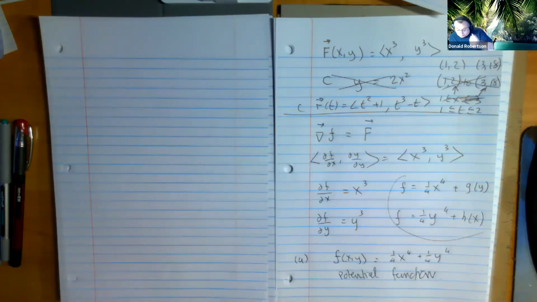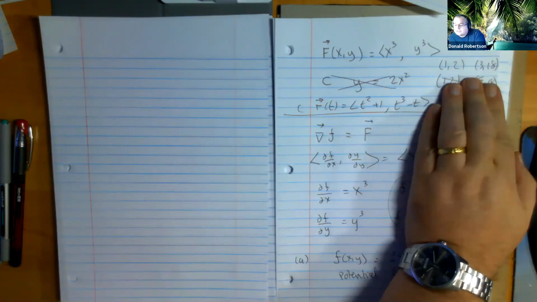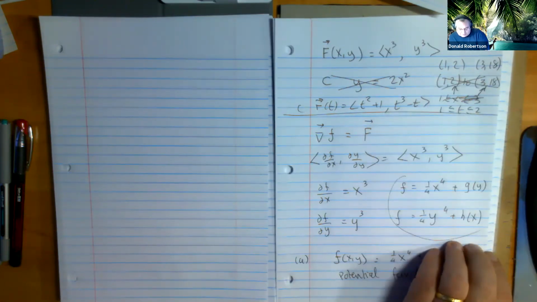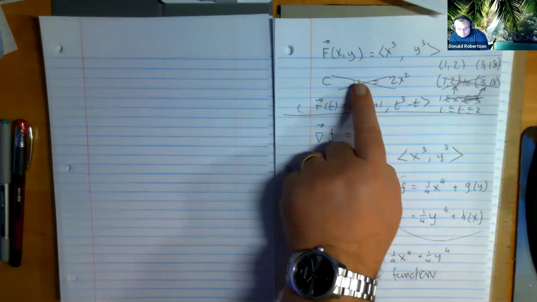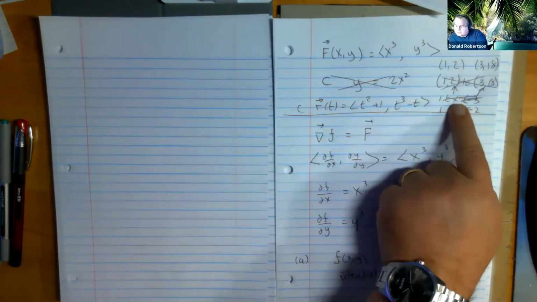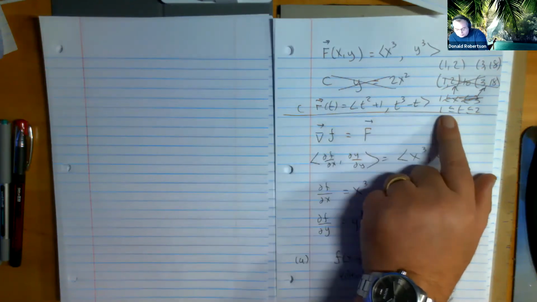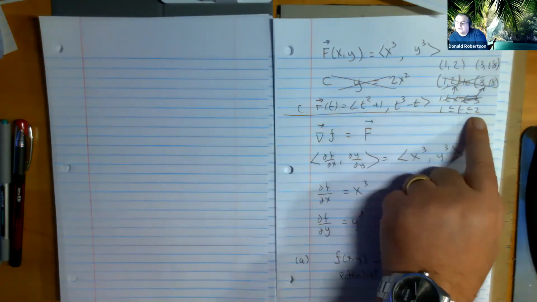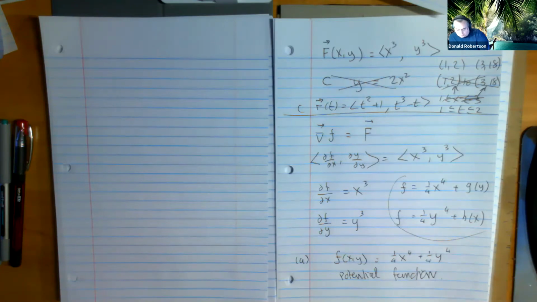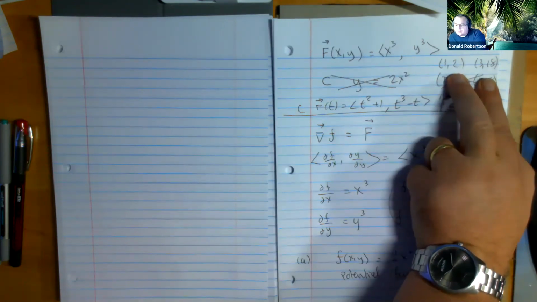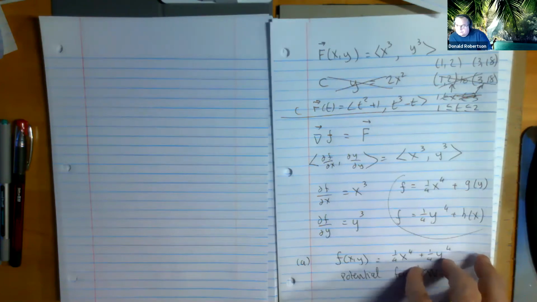So you could be given the start and finish by just being told the coordinates. You could be given the start and finish by being told the equation and the x's to use. You could get the start and finish by being given a parametric equation of the curve and the start and finish t values. All of them end up telling you the start and finish point. So just to be aware of the different ways in which they can make your life a little bit more awkward.